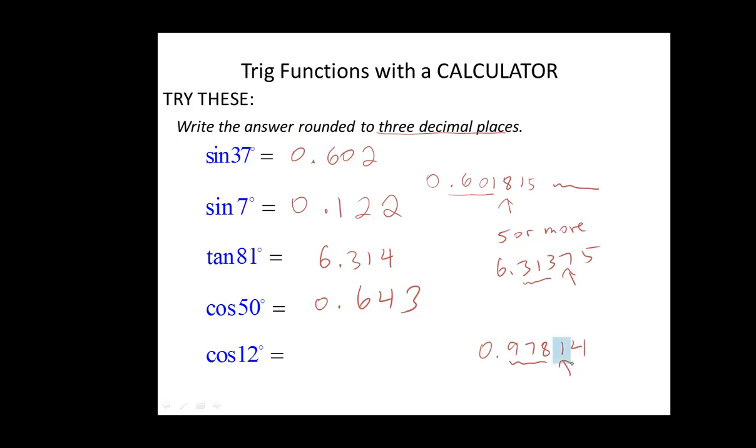In this case, this 1 is not 5 or more, it's smaller than 5, which means we're going to leave the 8 as an 8 and get 0.978. That'll be the answer for the cosine of 12. I say it's the answer rounded to 3 decimal places in all of these cases.